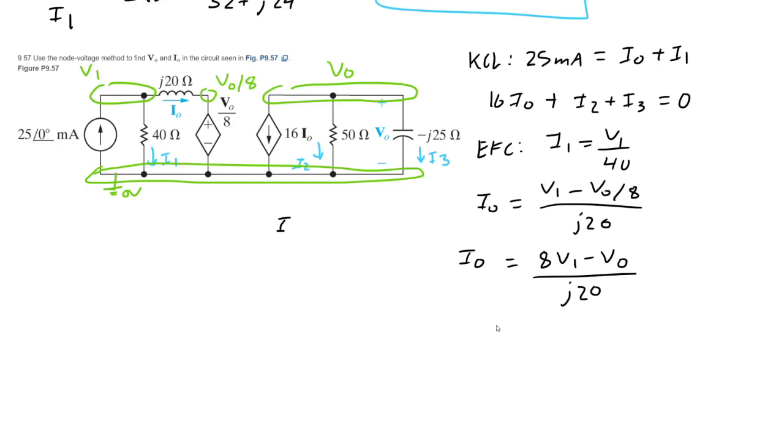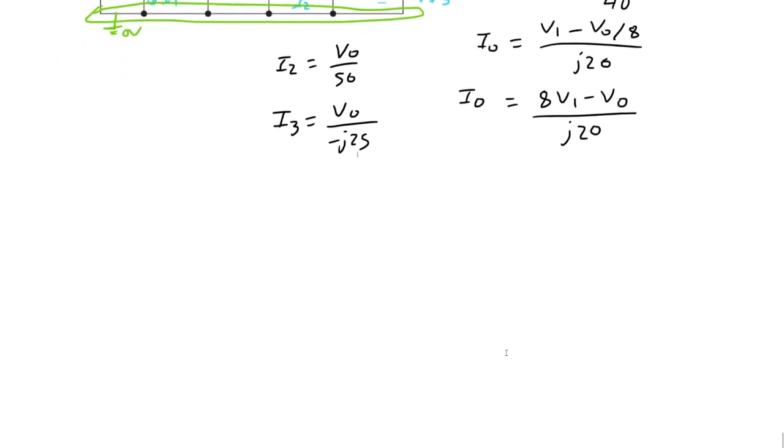And I2 is going to be VO over 50. I3 is going to be VO over minus J25. Alright, so this one, the math is a little bit hairy. So try to stay with me. I know this one's not that easy to follow along with.